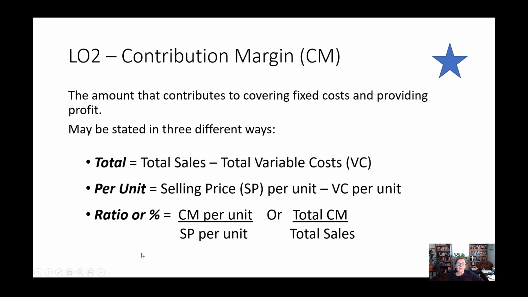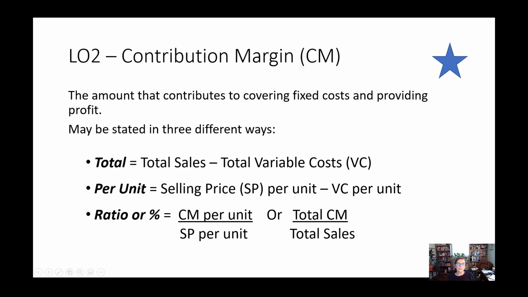All right, now contribution margin, huge concept. There's a star here, right? Contribution margin is the amount contributed to covering your fixed costs and providing for profit. So contribution margin is used in a lot of different ways, and we want to just look at 3 different ways of calculating it or stating a contribution margin. So you can have total contribution margin, which is total sales minus total variable costs.